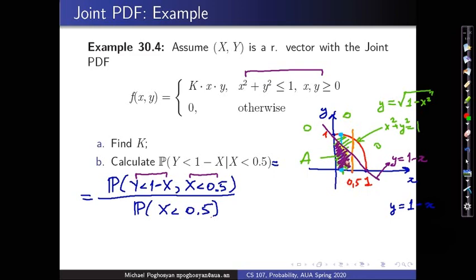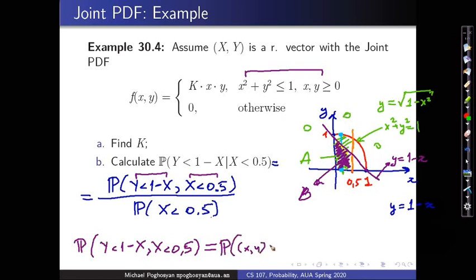If I denote this set by B, then the probability that y is less than 1 minus x and x is less than 0.5 is the probability that my point (x, y) is in B, and this is the double integral over B of f dx dy.